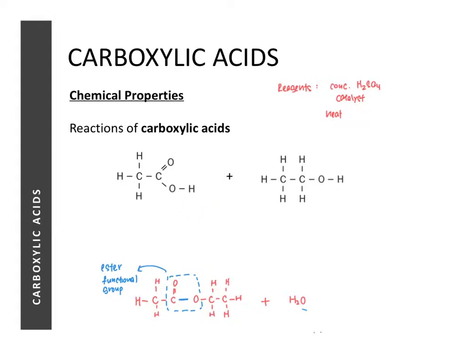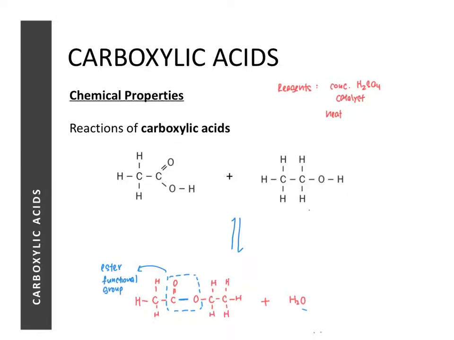So the next thing that we need to know is that the reaction of a carboxylic acid with an alcohol is actually a reversible reaction. We have learned reversible reactions under the topic of ammonia, right? It means that the reaction can go in the forward direction, and it can go in the reverse direction.